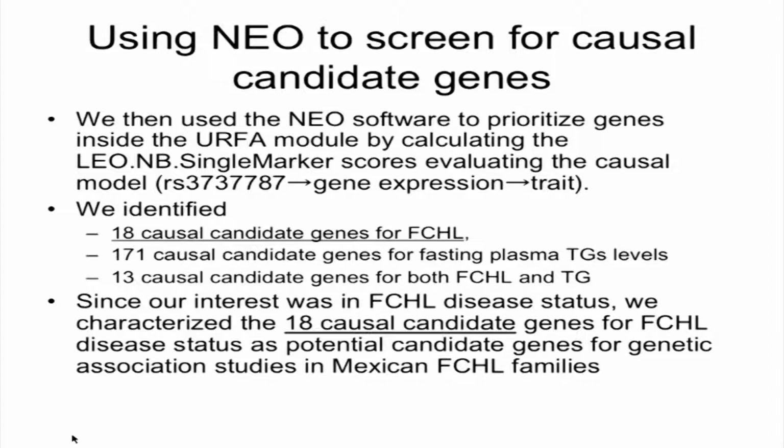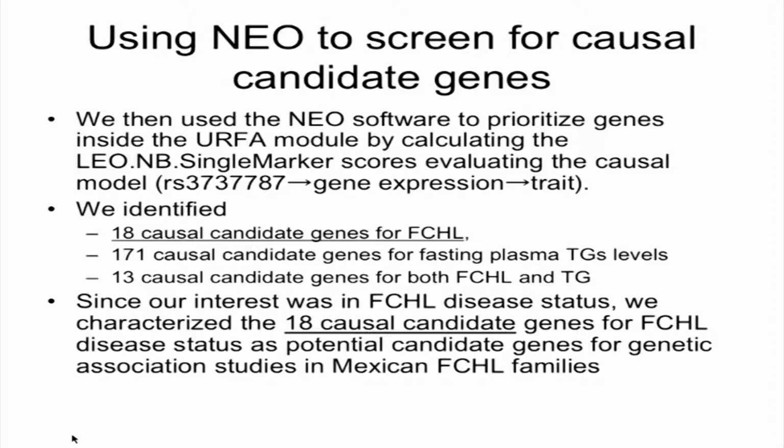And therefore, we applied this causal analysis on each of these markers, and we found 18 causal candidate genes for disease status, 170 for triglycerides, and 13 for both. So there were these 18 causal candidates for hyperlipidemia in that TAN module.